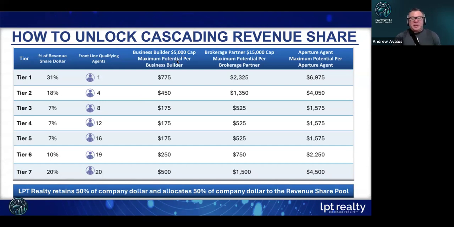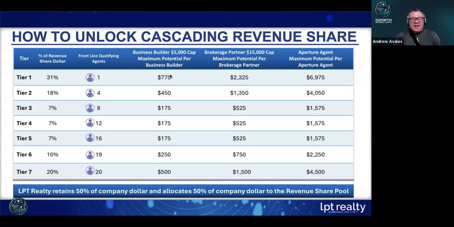As you can see here on the top, the business builder model has a $5,000 cap, and the brokerage partner model has a $15,000 cap. So a company like LPT Realty that says they share 50% of company dollar with their agents back to the revenue share pool, what does that mean? On a $5,000 cap, they are going to share $2,500.